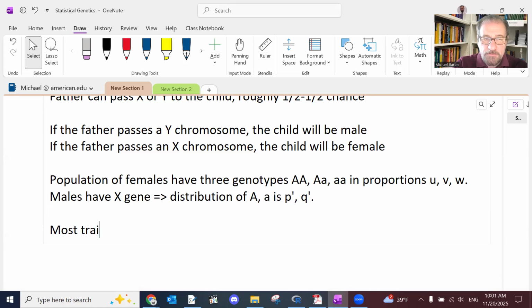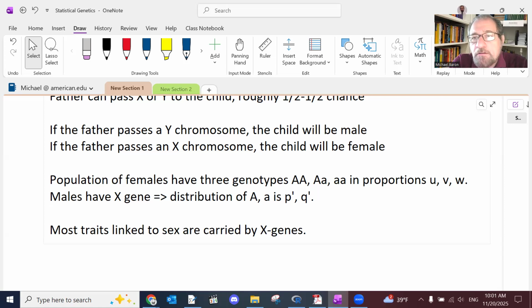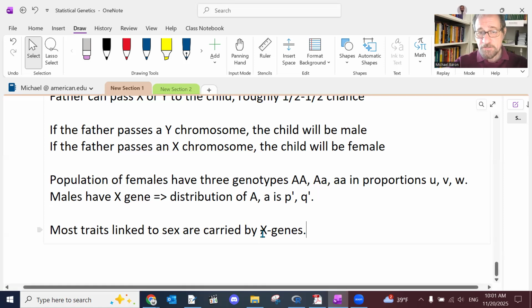Most traits linked to sex are carried by X genes and not Y genes. And for this reason, if there is any specific feature, any disease, any unwanted feature, it's usually connected with X genes. And then the probability of this feature among males is higher.